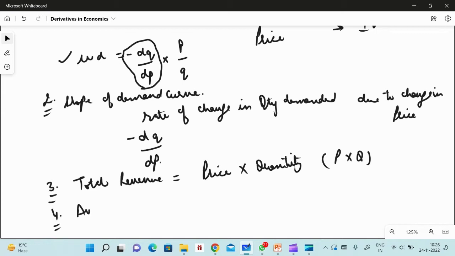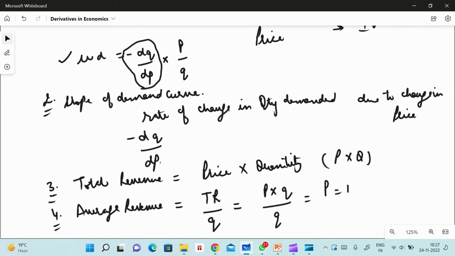And the next formula is average revenue. So average revenue is equal to total revenue divided by quantity demanded, right? Or I can also represent it as: the formula of total revenue is P into Q, divided by Q. So it is equal to P, that is price. So we can say that average revenue is equal to price.